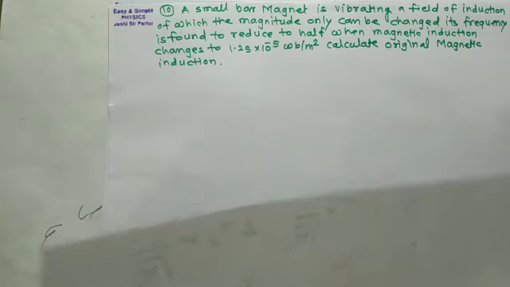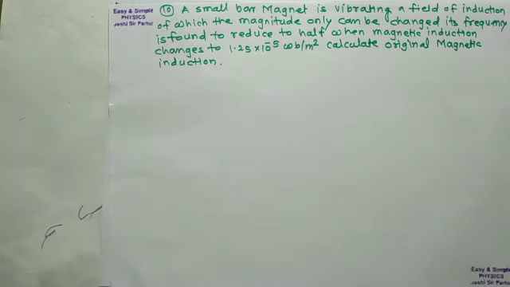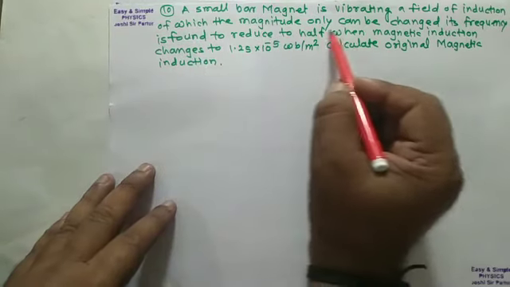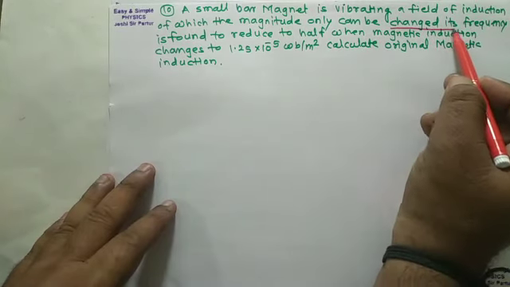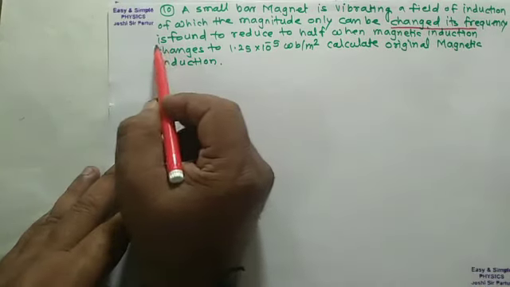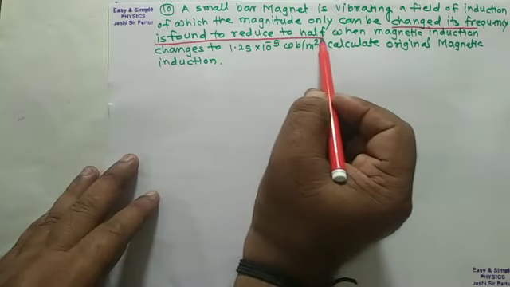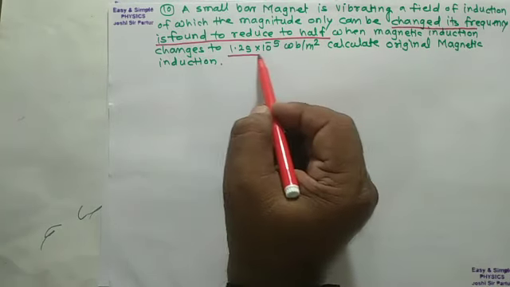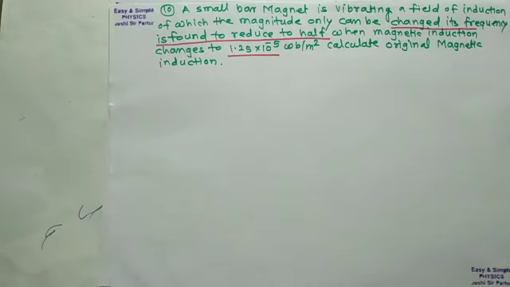And again we can see the last example. A small bar magnet is vibrating in a field of induction, of which only the magnitude can be changed. Its frequency is found to reduce to half. Magnetic induction changes to 1.25 into 10 to the power minus 5 Weber per meter square.